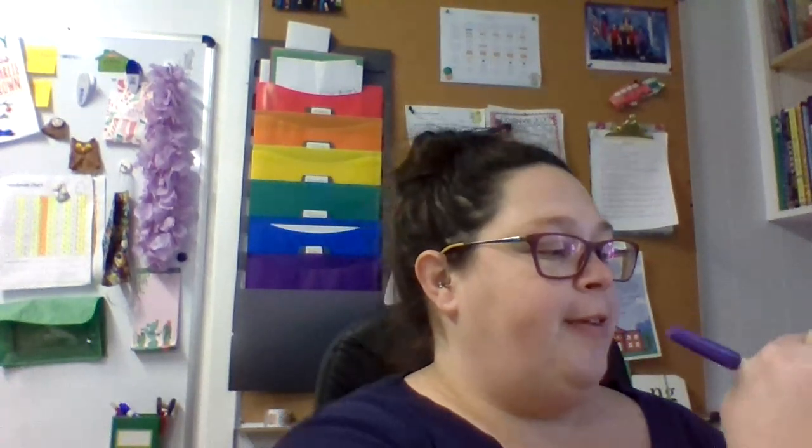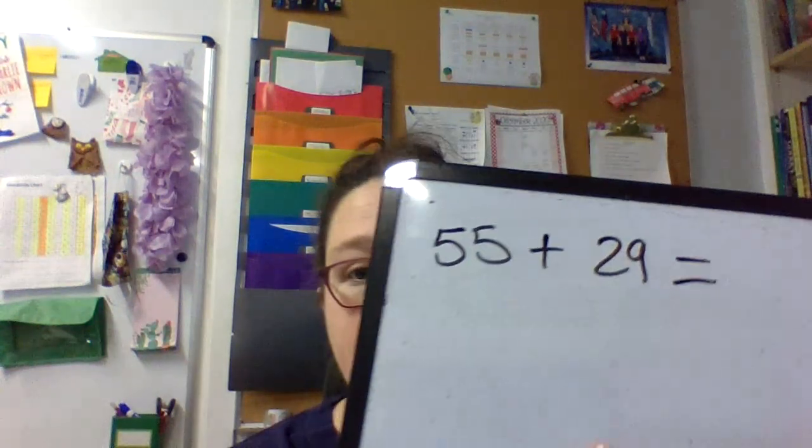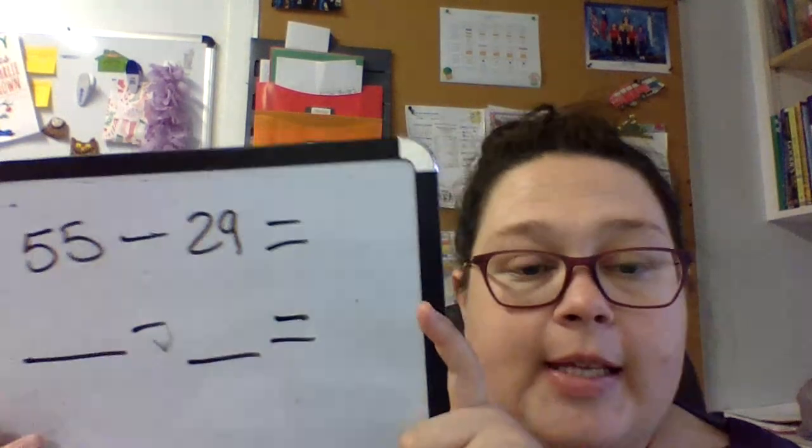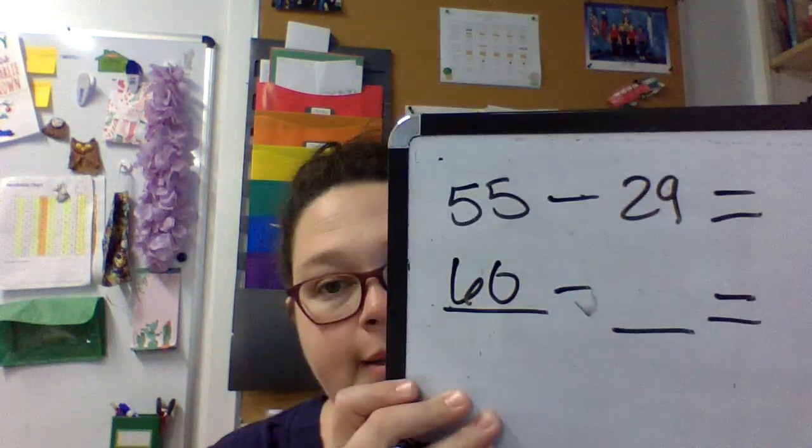So if you had 55 subtract something, so rounding up or rounding down, 55 is going to be rounded up to 60, and 29 is going to round up to 30. So 60 subtract 30 is 30, about 30.